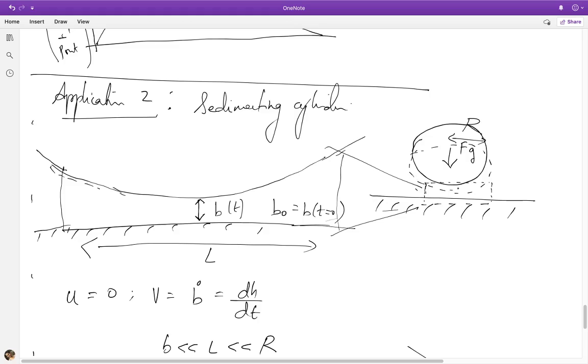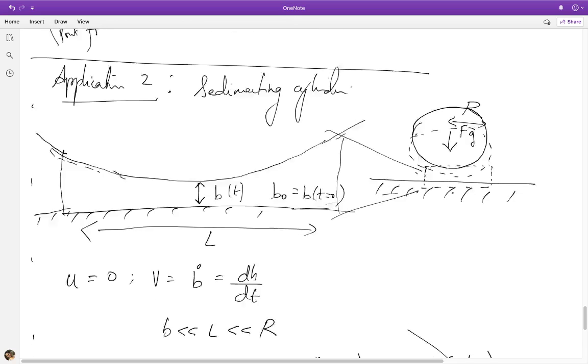So therefore, if I want to calculate the total force exerted by the fluid on the cylinder, to leading order it suffices to simply calculate the force exerted by the pressure in the thin gap region on the cylinder. We can even neglect the viscous stresses exerted on the cylinder because they are going to be order epsilon smaller than the pressure force.